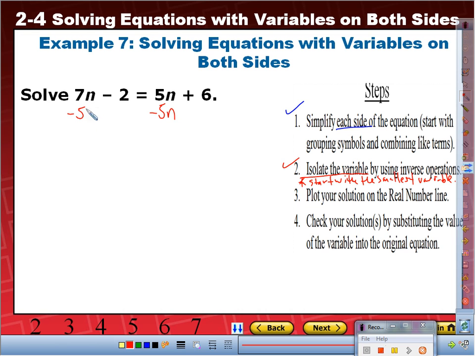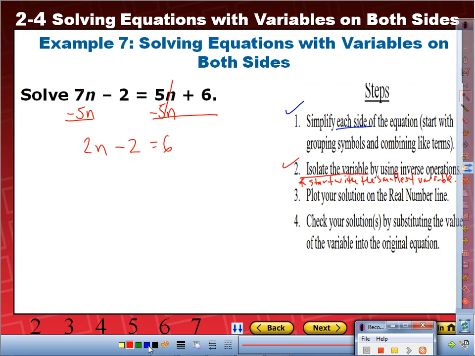So 5n minus 5n cancels. I bring down the 6. 7n minus 5n, that's 2n minus 2. Does this look familiar? Okay, copy that and finish it off, please.